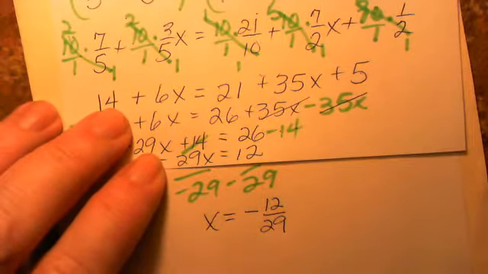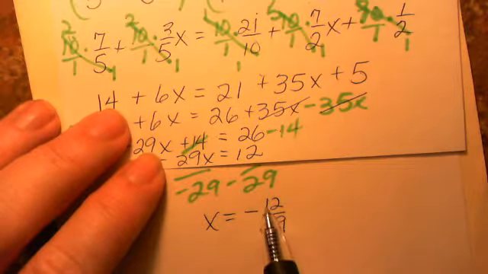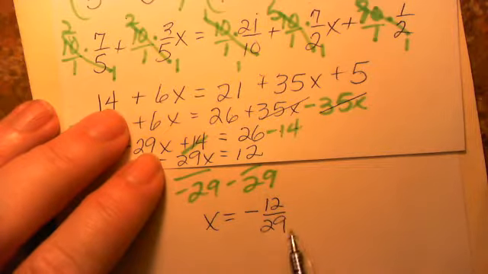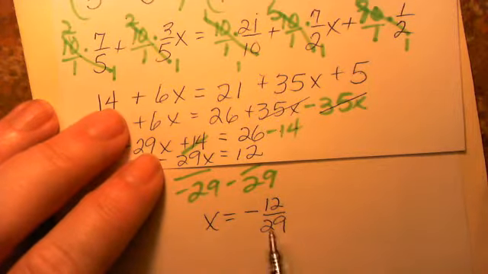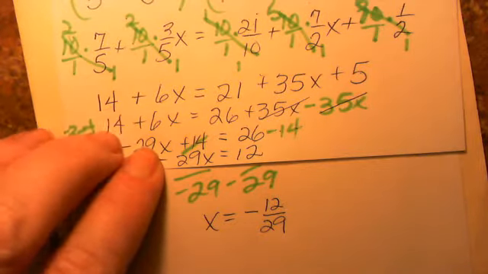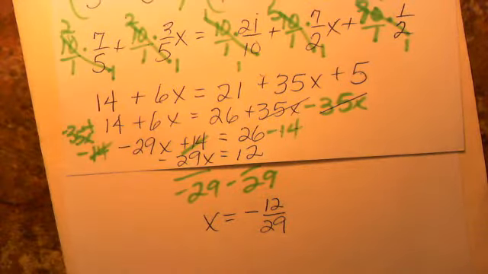And we need to check to see if that fraction will simplify. So the smaller number is 12. It divides by 2, 3, 4, 6, and 12. And 29 doesn't divide by any of those, so we know that that's a simplified fraction. It's negative and it's simplified. Okay, that should be it.